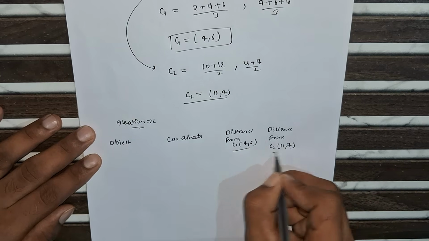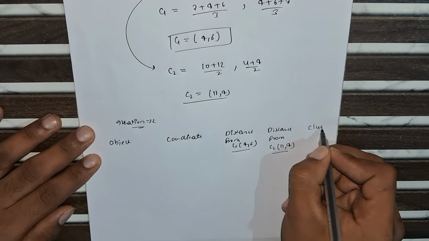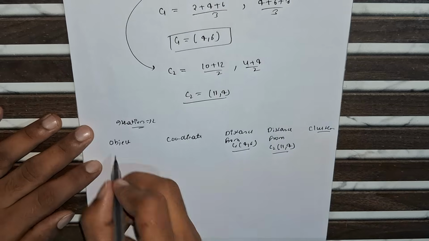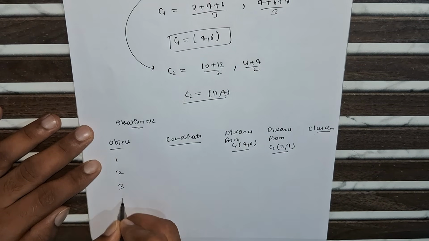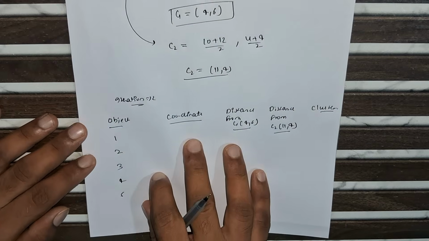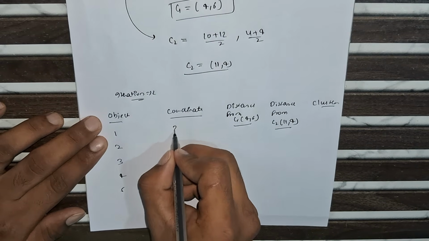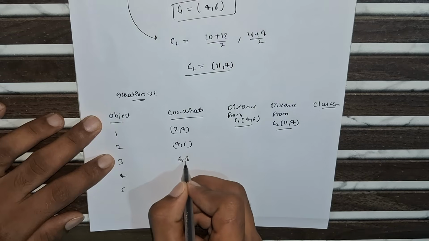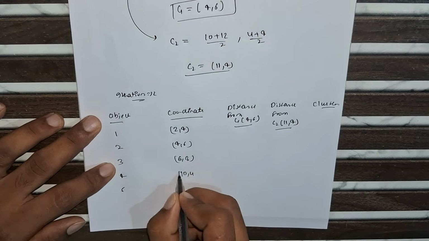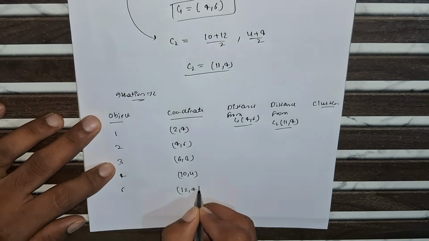This is our new centroid, and now we are assigning the clusters. Our objects are 1 2 3 4 5. Our coordinates are 2 comma 4, 4 comma 6, 6 comma 8, 10 comma 4 and 12 comma 4.